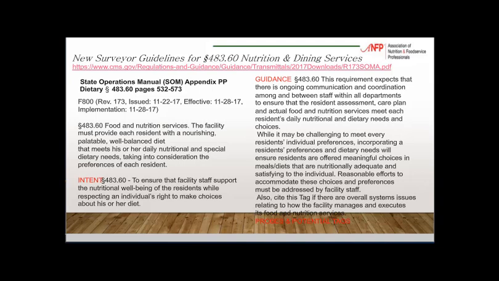Once again, they write the description of the actual federal regulation, then they list the intent, and then they go into guidance, and then they go into probes. When we talk about a probe, that's where the surveyor is kind of dipping their toe in the pond. They're going to see where it takes them.